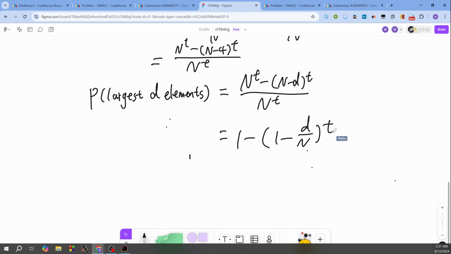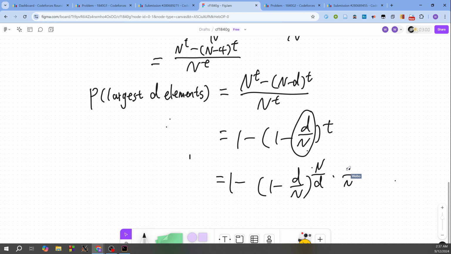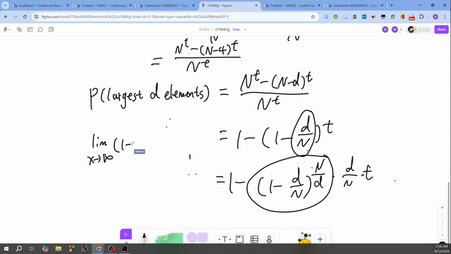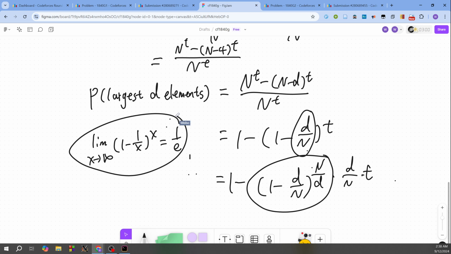With this type of power here, it leads us to this idea: 1 minus the inner part, when we consider it as a whole, is pretty similar to the limit we saw in calculus, where as x goes to infinity, (1 minus 1 over x) to the x power is equal to the reciprocal of e.